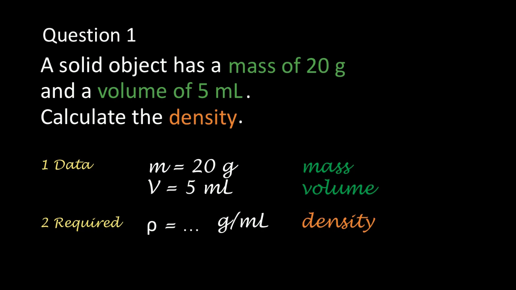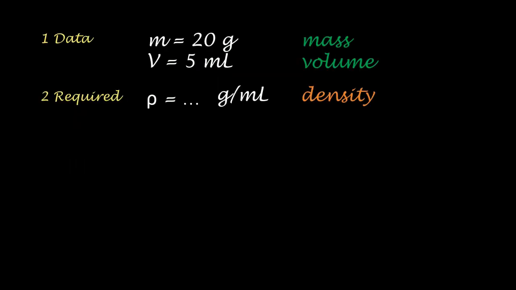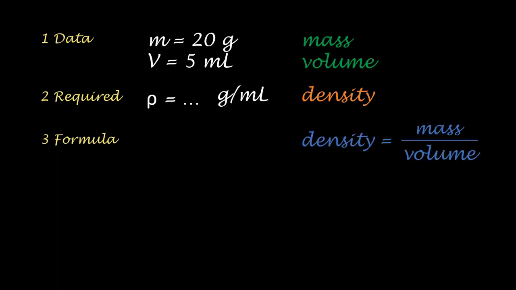When you know this, you don't have to look at the question anymore, because everything you need to make the question is already here. So we know data, we know required. The next step is the formula. The formula that we've learned for density is mass over volume.